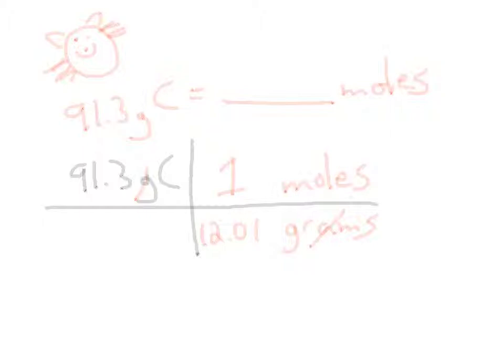Okay, a lot of you might have said to yourself from the get-go that, hey, what we need to do is divide 91.3 grams of carbon by 12.01 grams of carbon to get our answer.